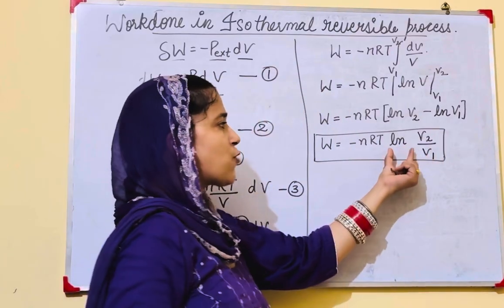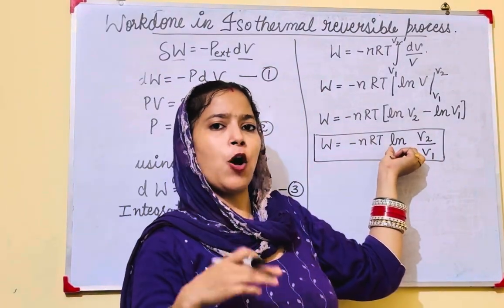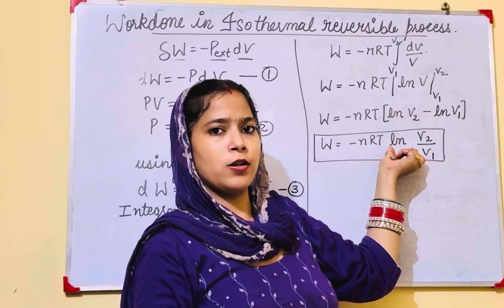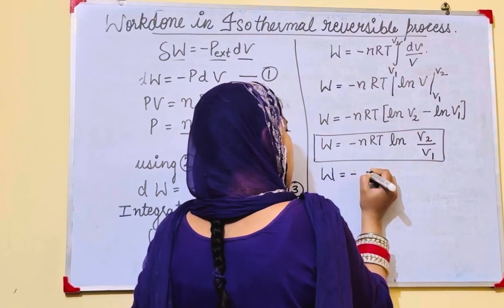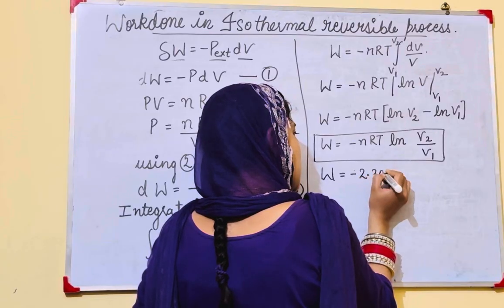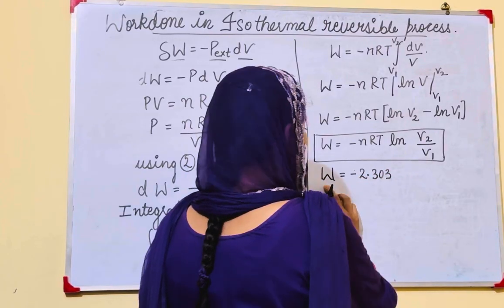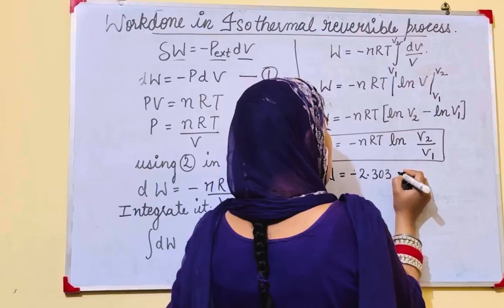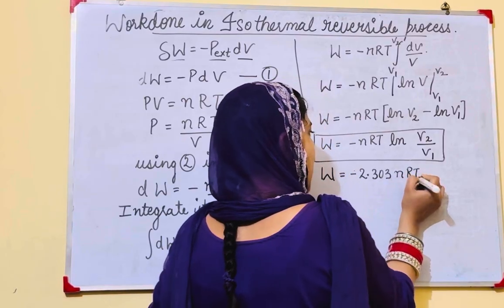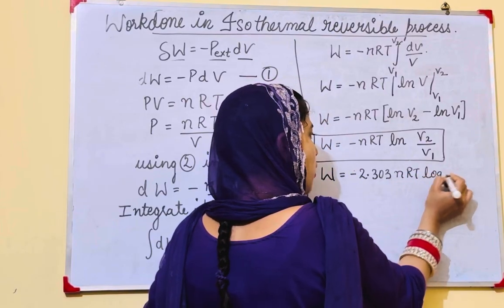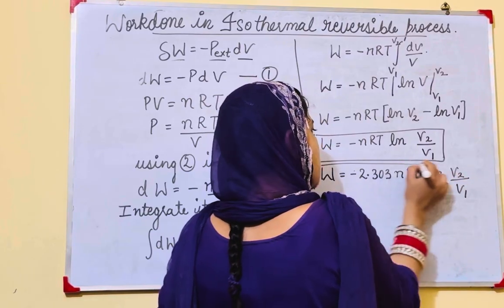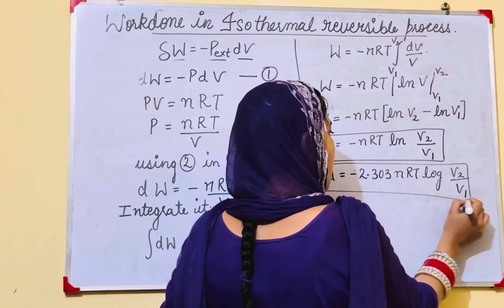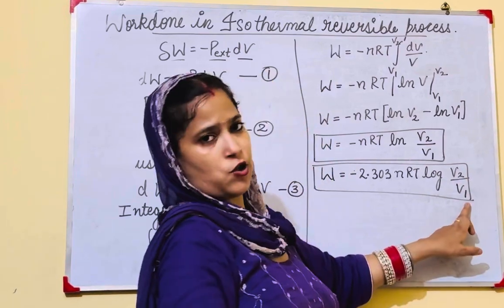Now this is the natural log. If we want to convert this natural log, we have to multiply this term by 2.303. Then W is equal to minus 2.303 nRT log V2 over V1. You can also write it as V final divided by V initial.